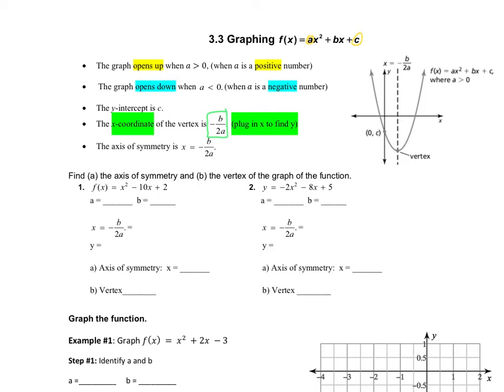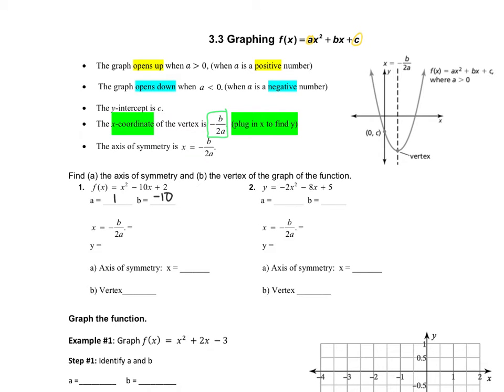All right, let's do an example. For number 1, we have to find the axis of symmetry and the vertex of this graph. The first thing we're going to do is identify a and b. We need those two in order to find the x-coordinate of our vertex. a is the number in front of x squared, which is 1. b is the number in front of x, which is negative 10.